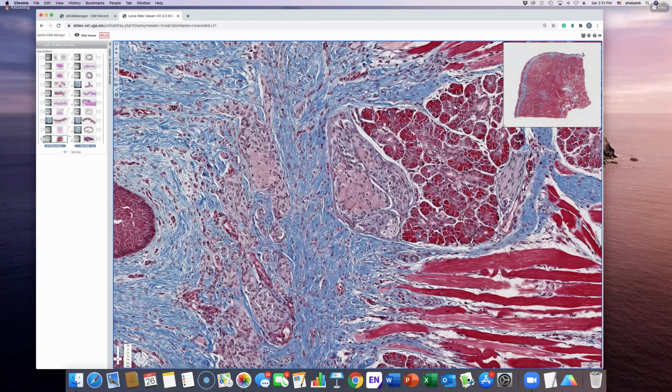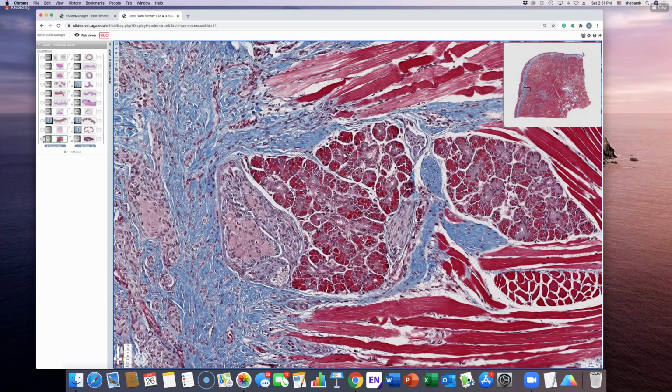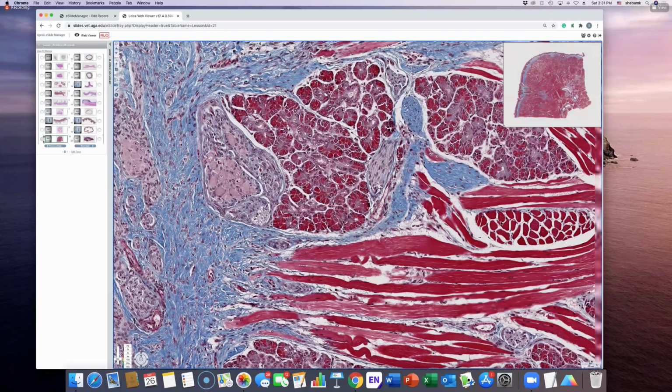What is this structure? Glands? Yeah, this is a salivary gland also. Salivary gland, skeletal muscle.